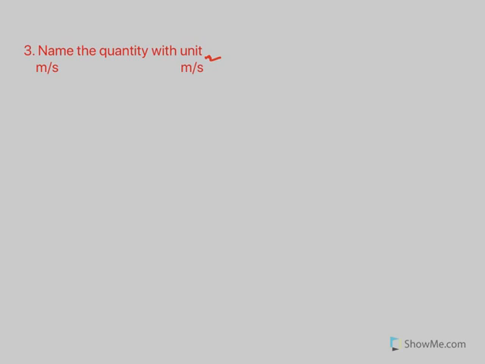Name the quantity with unit meter per second. We've already said meter per second could be velocity, or it could be also speed. And meter per second square is acceleration. Why did it come meter per second square?